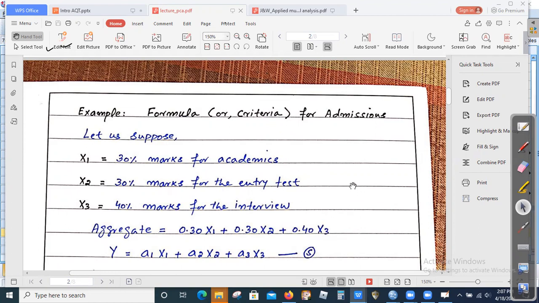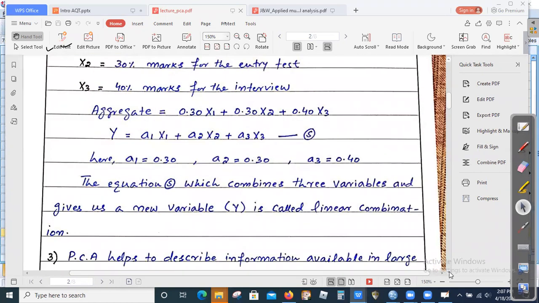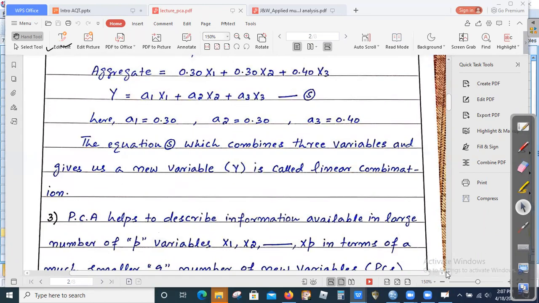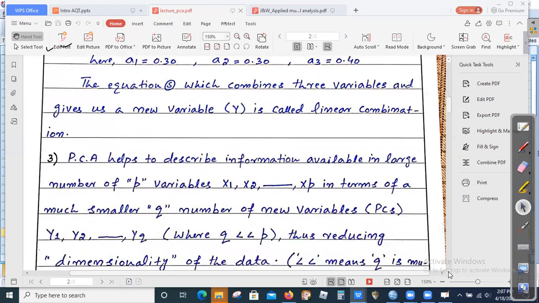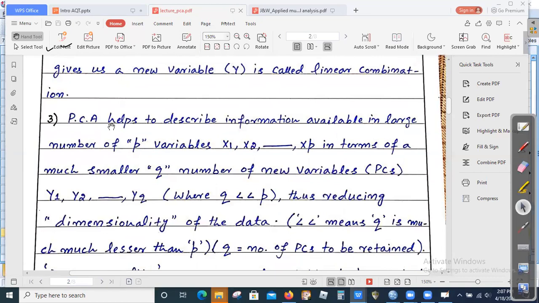Whenever I use the word dimensionality reduction or dimension reduction, what I'm trying to say is: is it possible that the information originally available in a large number of variables can be described in terms of a smaller number of variables, right? If yes, then we have got the objective of what we call dimension reduction. So therefore, PCA helps to describe information available in a large number of p variables.